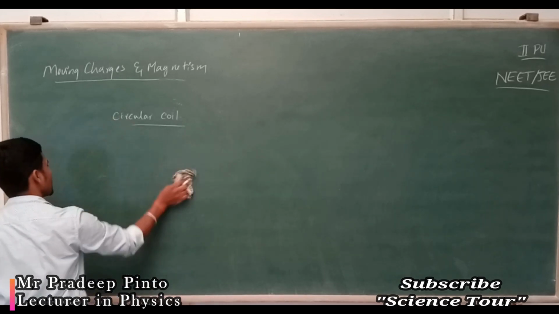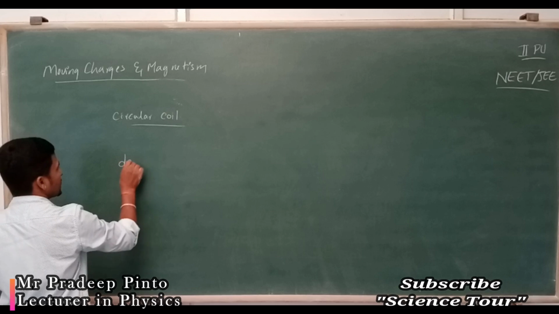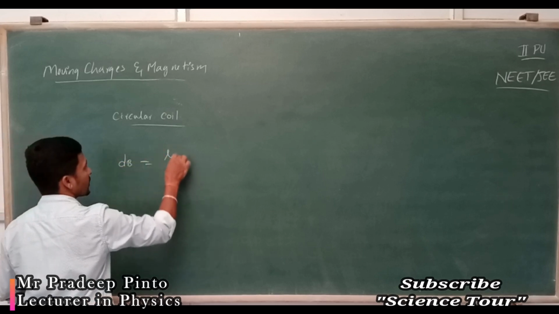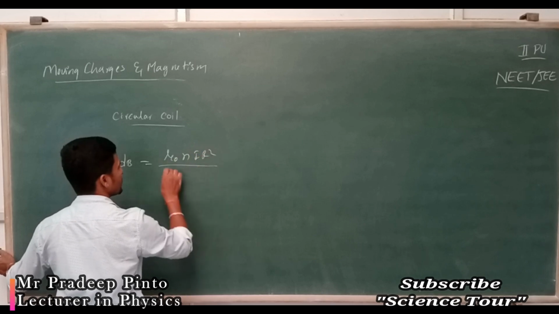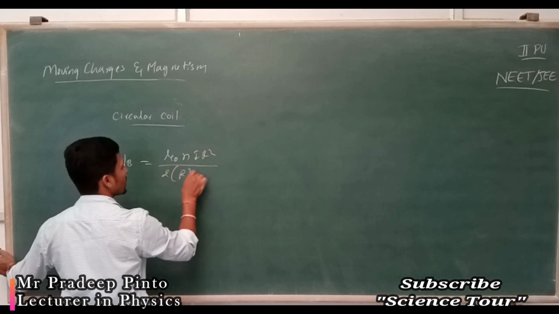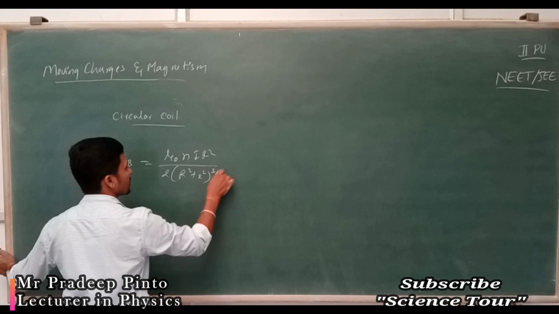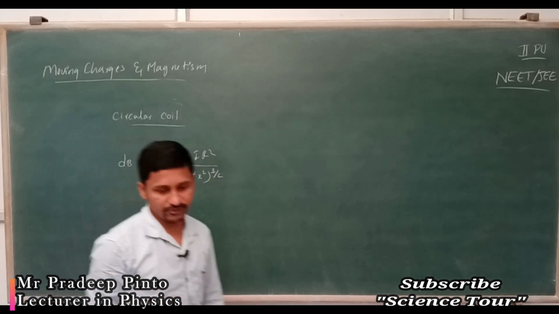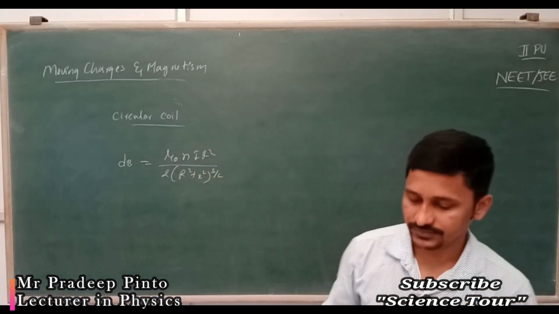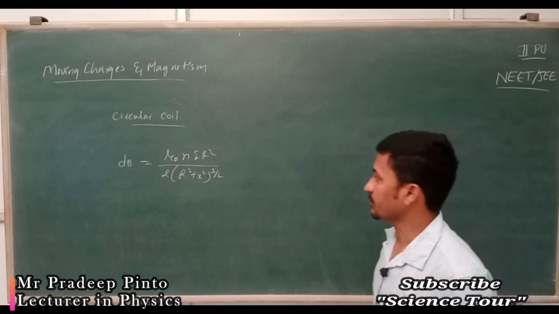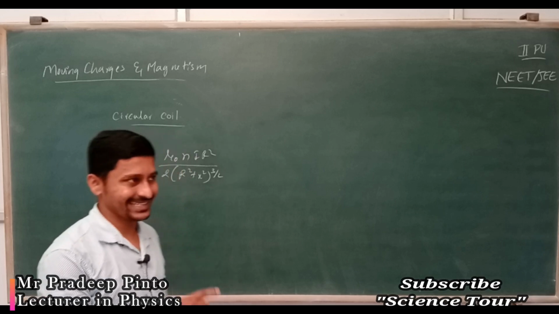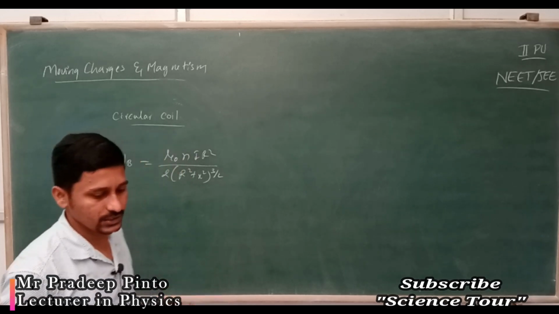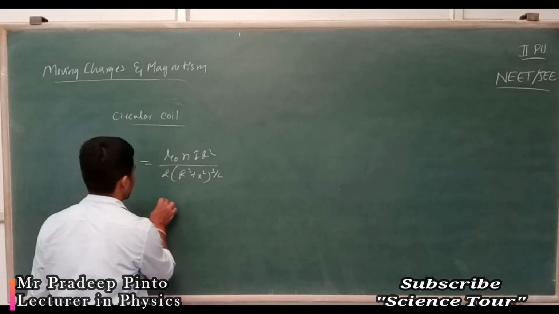So what is the expression we have got? That is dB, which is equal to mu naught n I r square divided by 2 into (r square plus x square) to the power 3 by 2. This is the expression we have got, right? And after that, suppose x, the distance, is 0, means on the axis the distance is 0, means at the center.